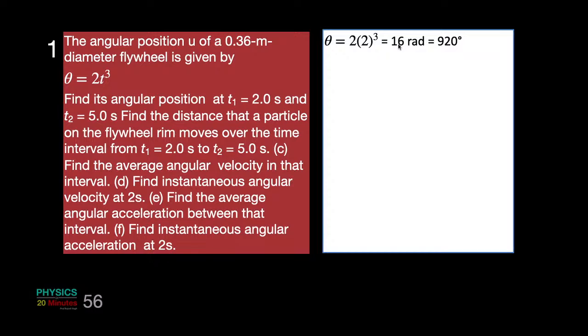So take 16 radian, multiply by 360 and divide by 2 pi. 16 radians multiplied by 360 by 2 pi will give you 920 degrees. Sorry, not in radians. Next, theta at 5 seconds will come out to be 250 radians or 14,000 degrees.